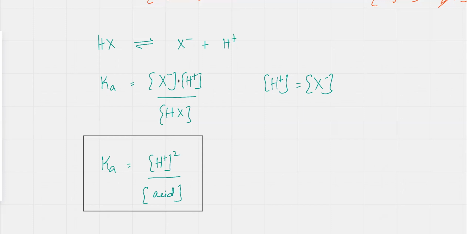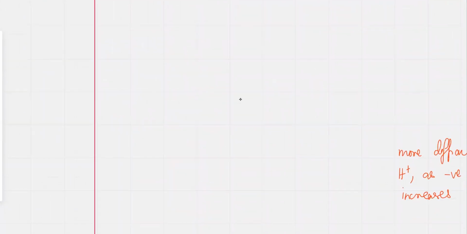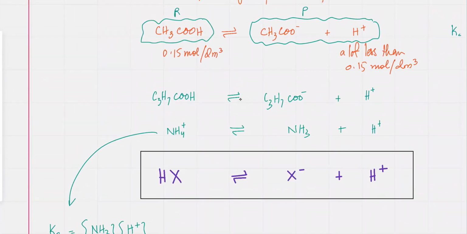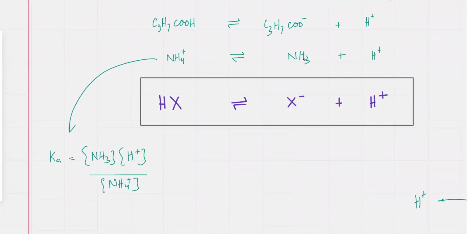Yes, sir. So instead of writing the HX concentration times the H concentration, we can just write H plus squared, right? Yeah, because they'll be produced in the same quantity. Even in the previous case, where did the NH3 go? Over here, NH3 and H plus 1 would be produced in the same quantity.